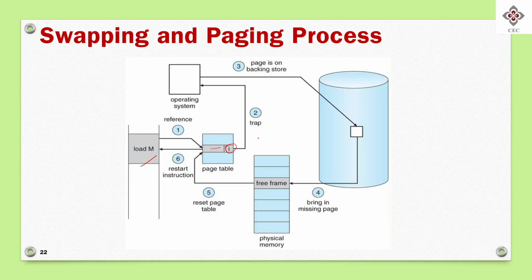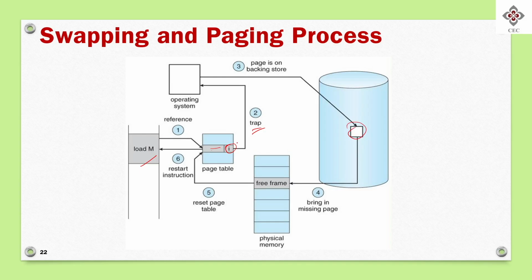So, it will generate an interrupt. We all know that a trap is non-maskable and generates an interrupt. This interrupt will be sent to the OS. The OS will understand this interrupt is for a page not available. So, it goes to the paging backing store, finds the page, and this missing page will be filled in the free frame of the physical memory.